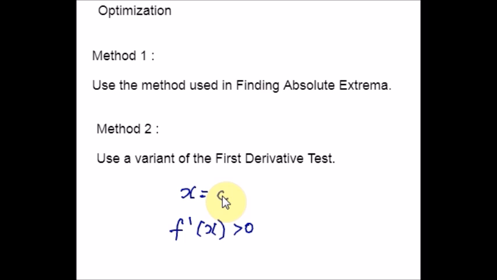Now, this does not mean that the absolute maximum of f(x) will occur at this point x = c. However, suppose that we knew a little bit more information. Suppose we know that f'(x) is greater than 0 for all x in this interval I such that x is less than c.